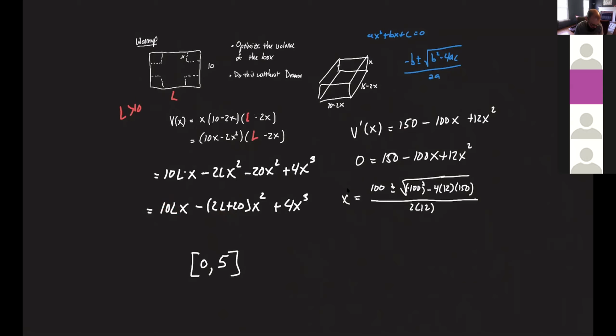Okay. So what we need to do now is go through and take the derivative of this function, right? So our derivative is going to change a little bit. So this is going to change, and then ultimately this is going to change as well.